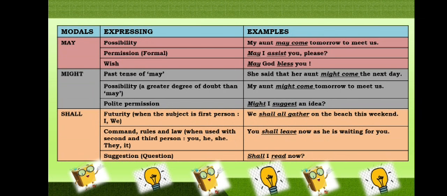On the other hand, when we use shall with second and third person, that is you, he, she, they, it becomes a command, rule and law. For example, you shall leave now as he is waiting for you. Suggestion. For example, shall I read now?